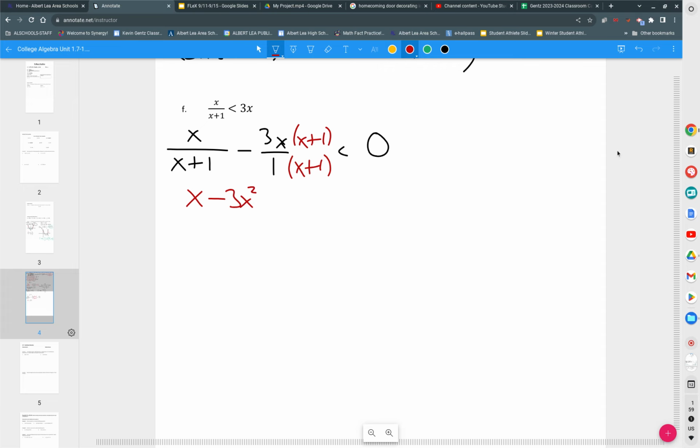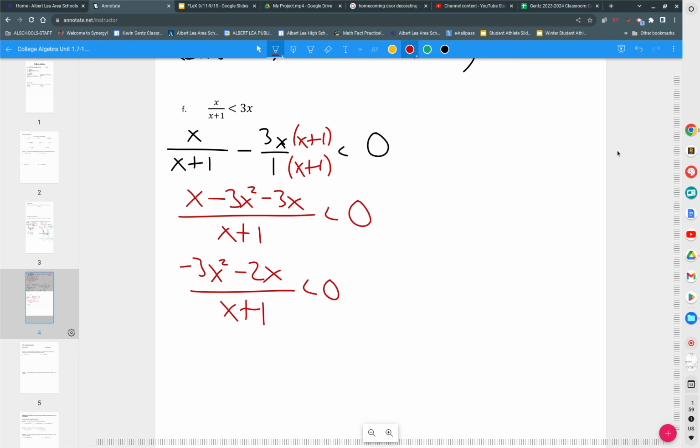And then will it be a plus of 3x or minus of 3x? Minus 3x, all over x plus 1. I gather my terms together. Negative 3x squared minus 2x over x plus 1 is less than 0.